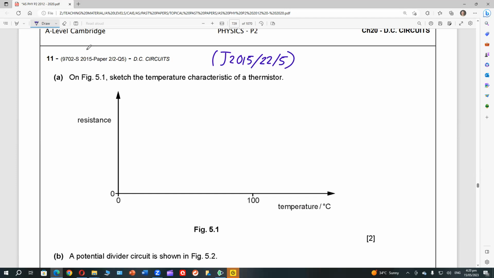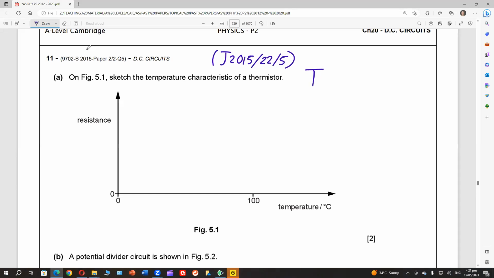June 15, 2025. The figure: sketch the temperature characteristics of a thermistor. This was the one in which, when the temperature increases, the resistance dropped.